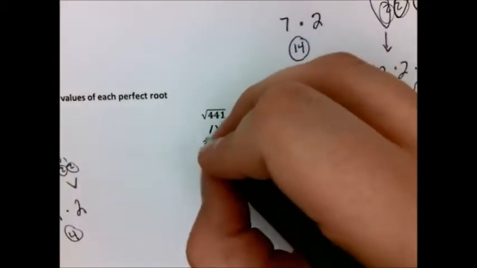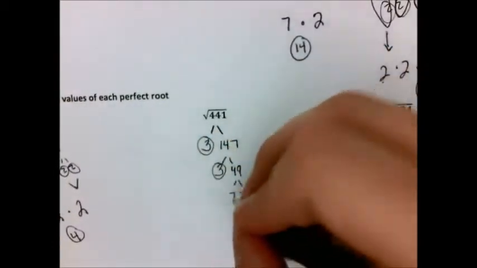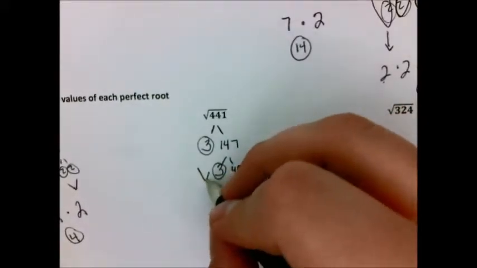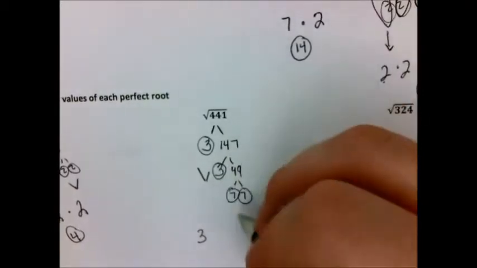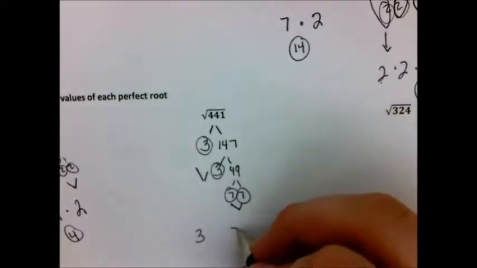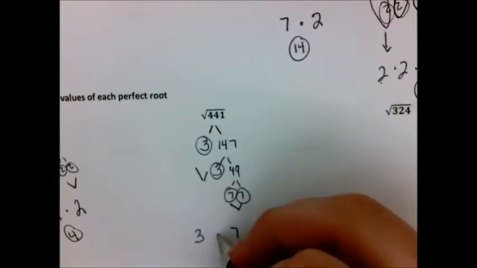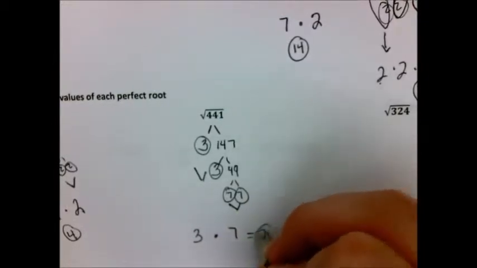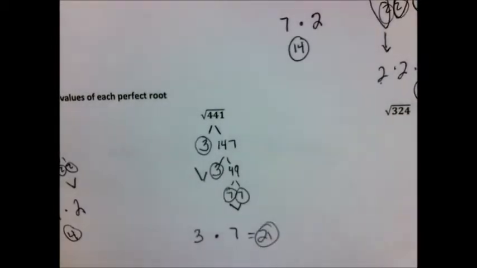Alright, so we've got this number at the end, this number, and this number. So these got to come out in pairs. So we have a pair of 3s that are going to come out, so we're going to have 3. We have a pair of 7s that are going to come out, it's going to be 7. And we're going to multiply them together, so 3 times 7 equals 21. The square root of 441 is 21. Give me a second to write that down.